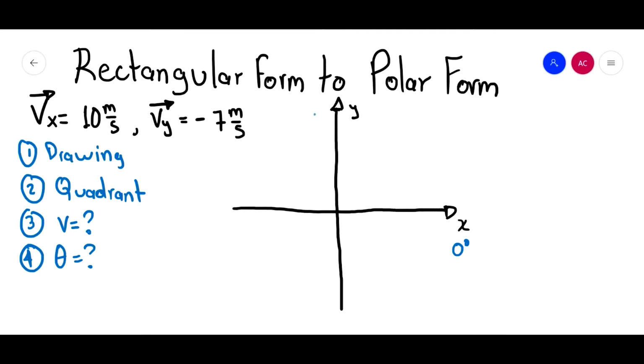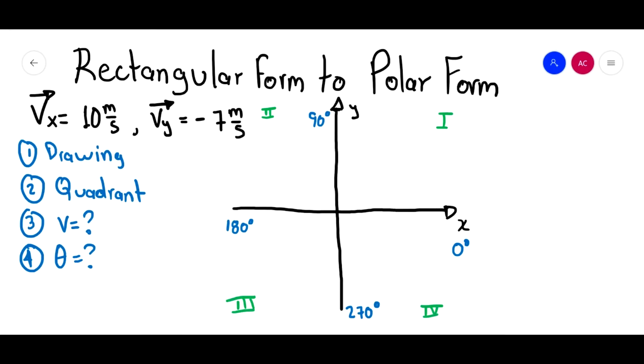So 0 degrees, 90 degrees, 180 degrees, and 270 degrees. Now, also the quadrants. This is the first quadrant, the second quadrant, the third quadrant, and the fourth quadrant.